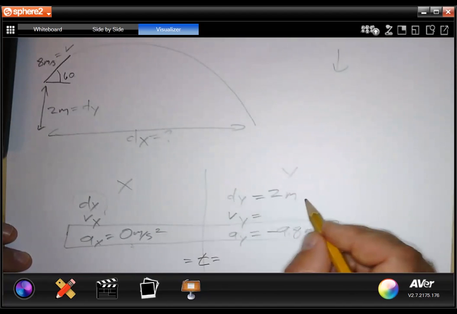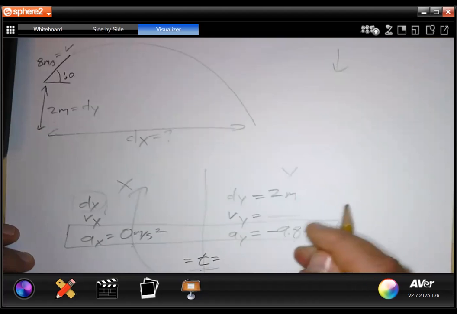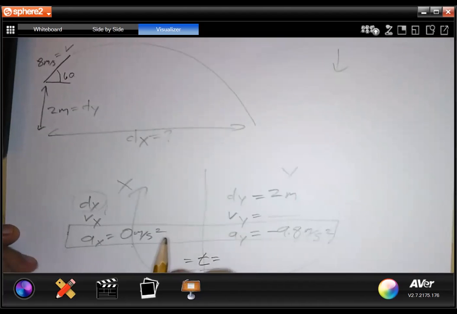So the question here is how are we going to get this? Well, if we need to know distance, we're probably going to need to know time. In order to find time, we're going to have to find our velocity. So we're going to have to kind of work in a spiral here. I have 4 pieces of paper I'm going to be going through here.